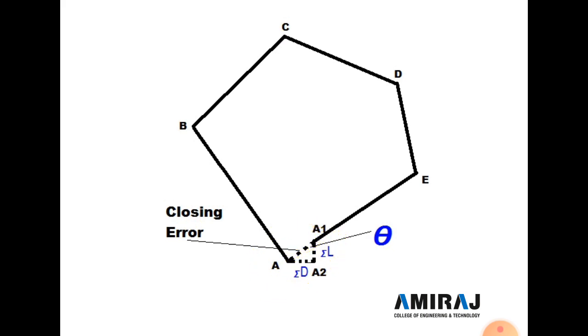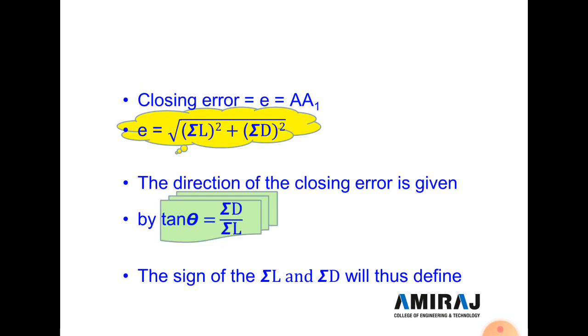This type of problem is created when the measurement of the angle is in error, or the horizontal measurement is not perfectly done by the surveyor. Here the closing error E is equal to AA1.